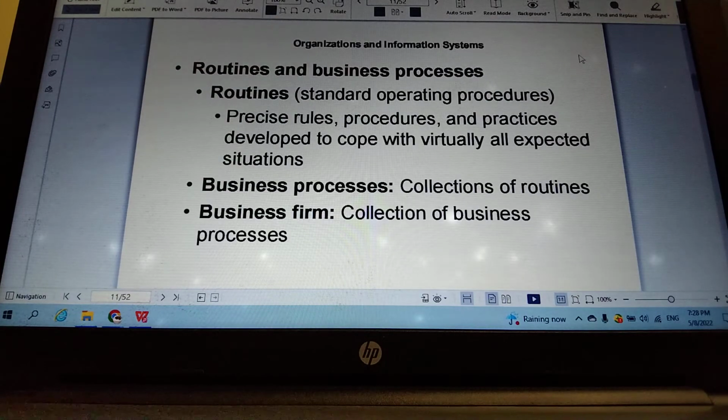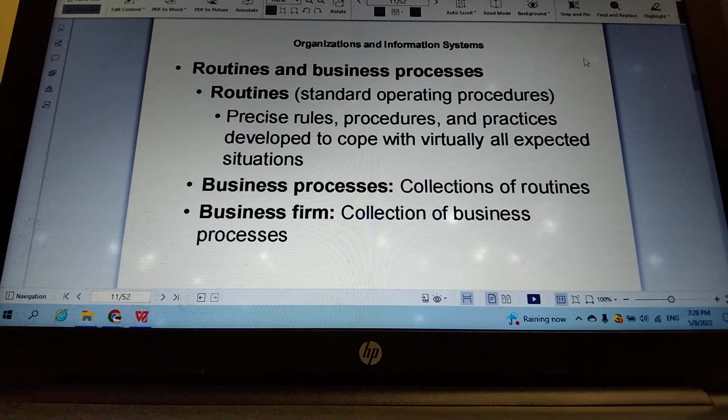To continue on routines and business processes, as we discussed last week, routine means, as we all understand, standard operating procedures, SOP, which most of the time will be written as a policy or SOP that you need to read, understand, and apply or practice.